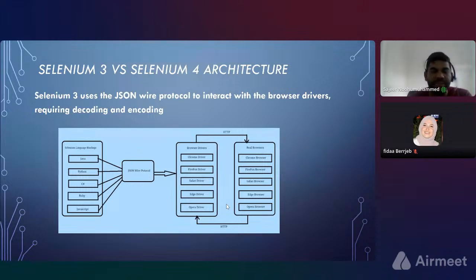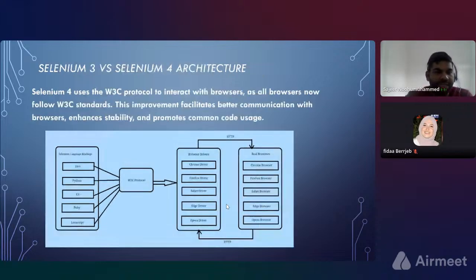But they still kept the JSON Wire Protocol in that. And when Selenium 4 came, it's purely on the W3C protocol. So whatever language we are using for writing the Selenium code, Java, Python, C Sharp, Ruby or JavaScript, it just uses the W3C protocol, and it can directly interact with the browsers and browser drivers.